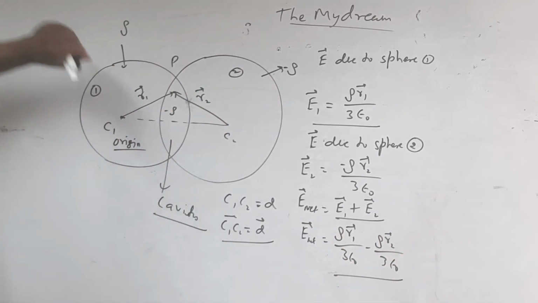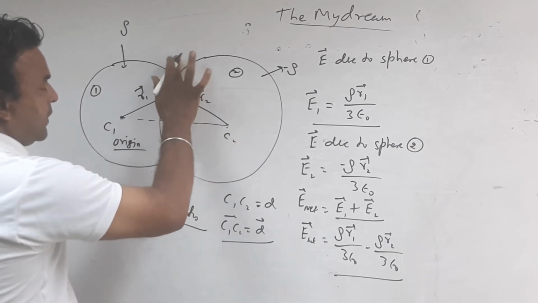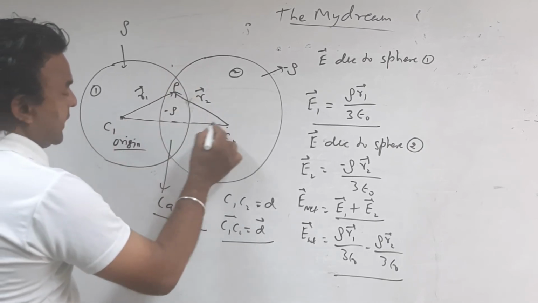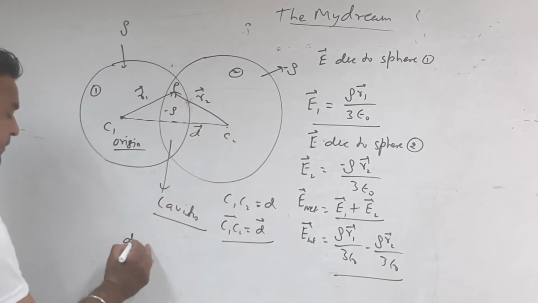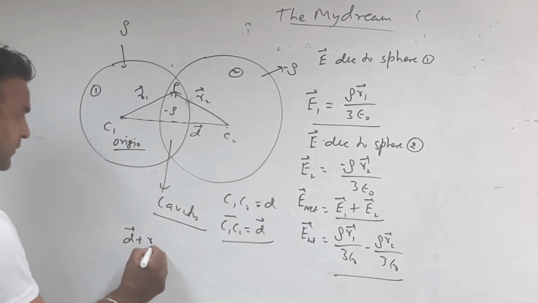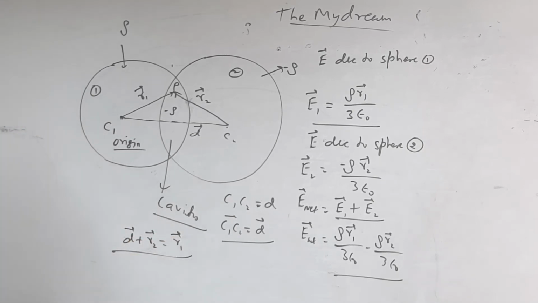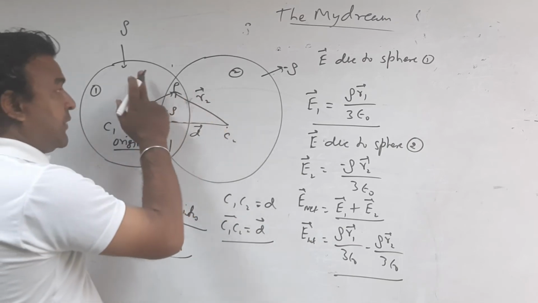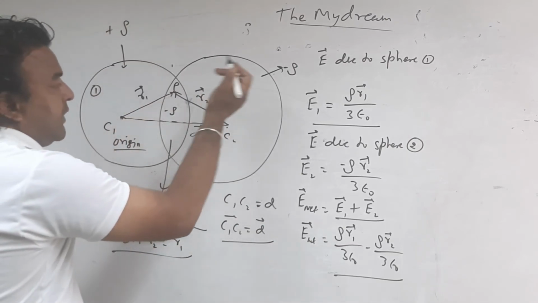Now I come to this triangle C1, C2 and this P. Look here, this is vector D. I can write that D plus R2 is R1. I took two spheres, one having density plus rho, another having density minus rho.